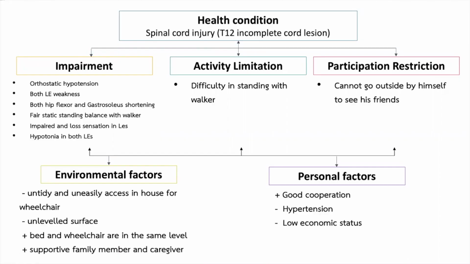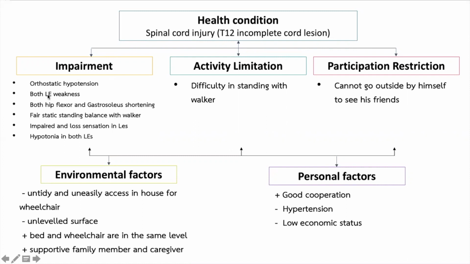This is an example of the ICF model of this patient. We could see the health condition: it is spinal cord injury, T12, incomplete cord lesion. An impairment is the orthostatic hypertension, which was already getting better, and he recovered from it.